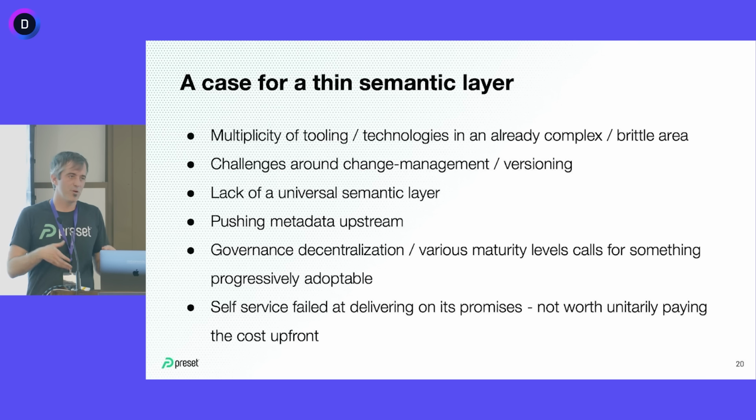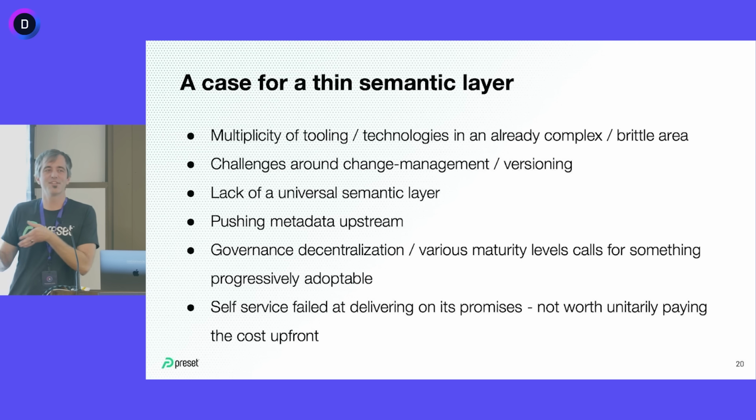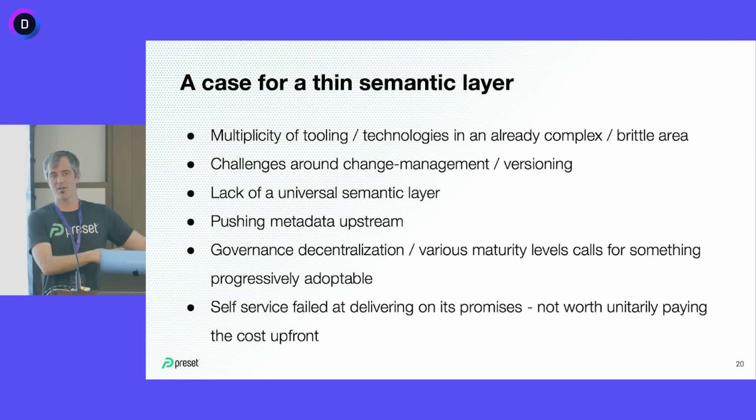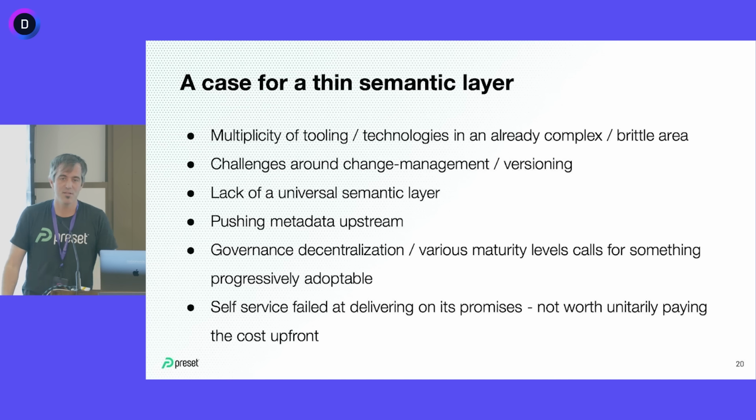So the point being, a progressively adoptable semantic layer is best, especially in new areas. You have different subject areas, different teams with different levels of maturity of different data sets, and it's good to enable the semantic layer to grow as the team or data sets or subject areas become more covered.